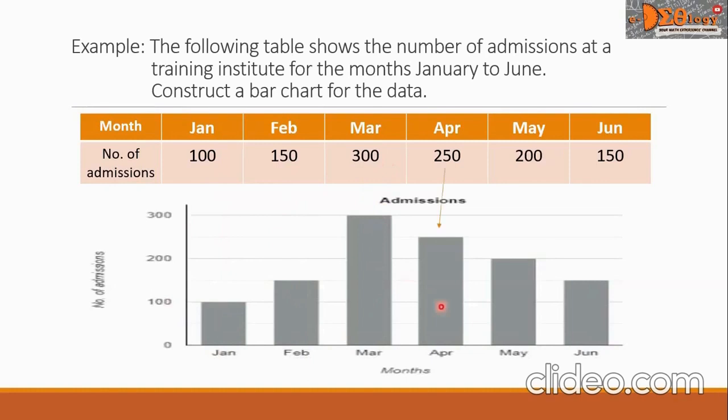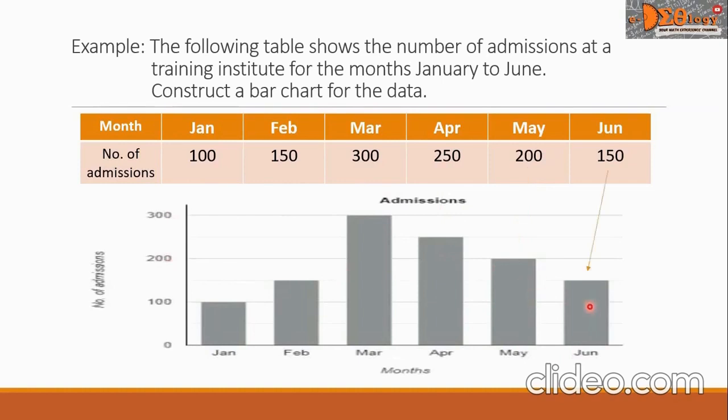The fourth rectangle is for the month of April, and the frequency is 250. You can see here that the level of the rectangle is between 200 and 300. The next rectangle is for the month of May with the frequency 200, and the height of the rectangle is on the level of the 200 frequency.